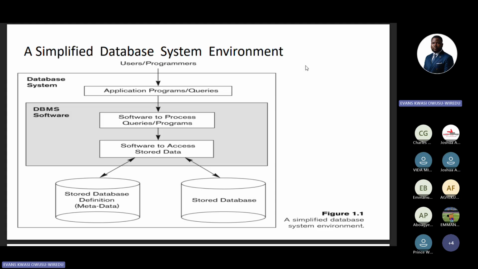Okay, so let me talk about the simplified database system. All right, is that okay? So the way you said it and went away, you said it and vanished. I don't know if everyone agrees with him.